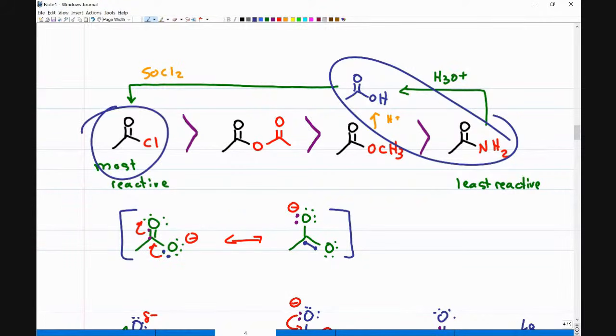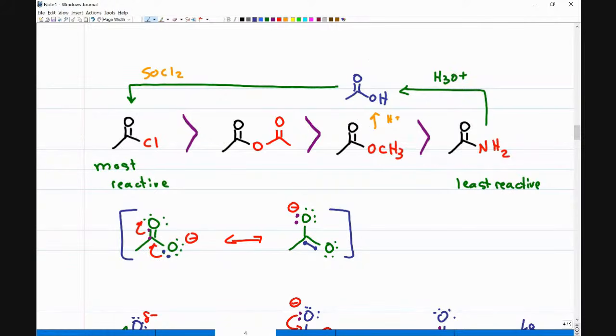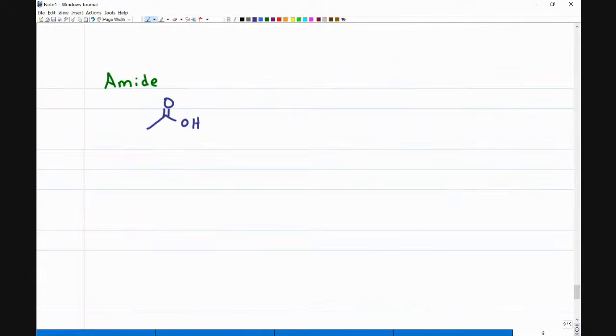I don't need the acid halide, although that would definitely work. So all I do here is I react the carboxylic acid with whatever group I want to add. So for example, if I react it with NH3, then my product is going to be an amide that looks like this.